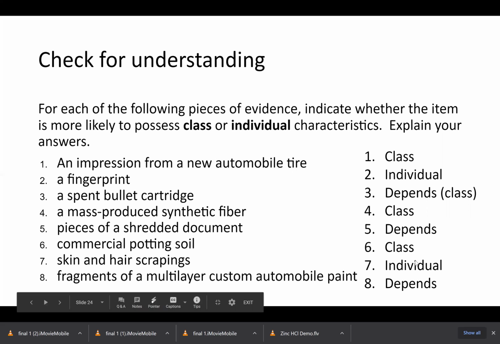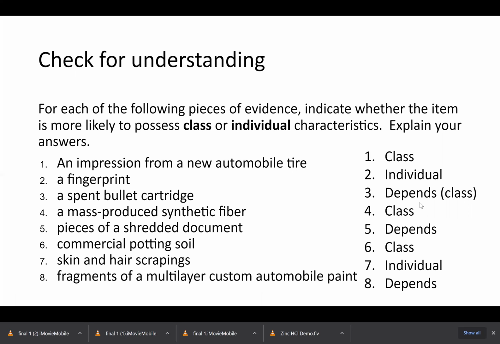Skin and hair scrapings, probably individual. And fragments of a multi-layer custom automobile paint. Okay, so when I read this, I didn't see custom. If it's custom, like individual custom, then that would be individual. If it's just automobile paint, then it's probably just class.